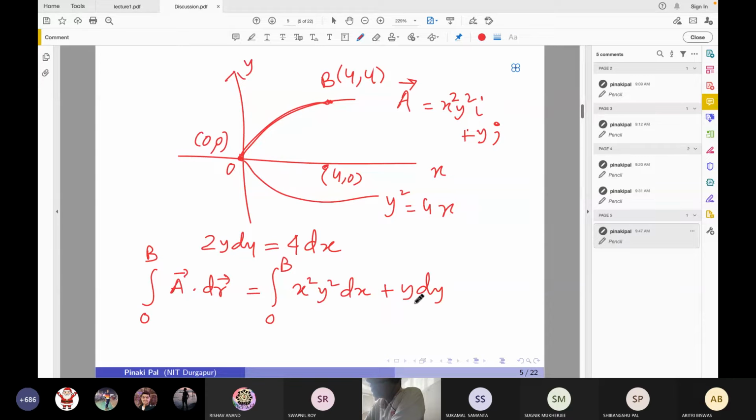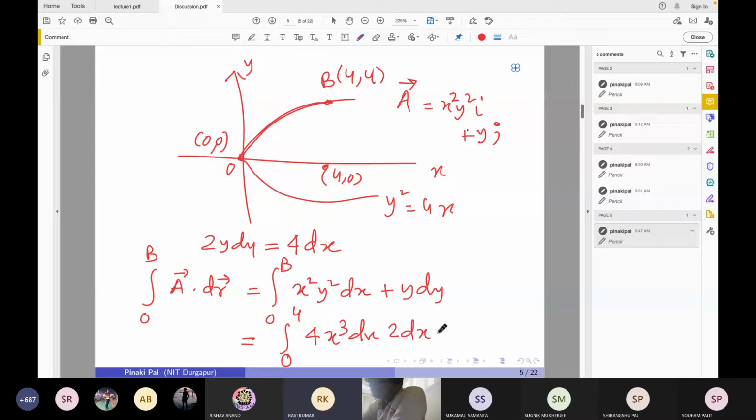Which one will be easier? In terms of x, sir, if we represent y dy in terms of x, y dy equals 2 dx. And y square is equal to 4x, and x will vary from 0 to 4. So y square x dx will be 4x cube dx, and y dy will be equal to 2 dx.